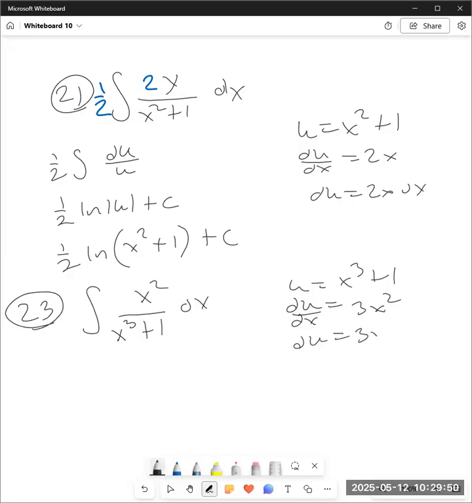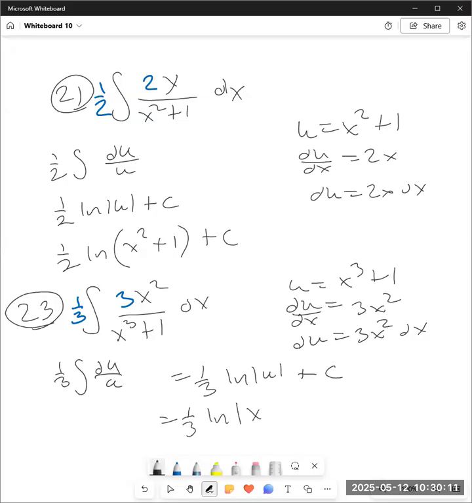Du is 3x squared dx. 3 times 1/3 makes this 1/3 du over u, which is 1/3 ln of the absolute value of u plus c. 1/3 ln of the absolute value of x cubed plus 1 plus c.